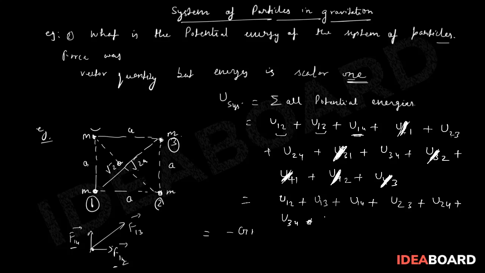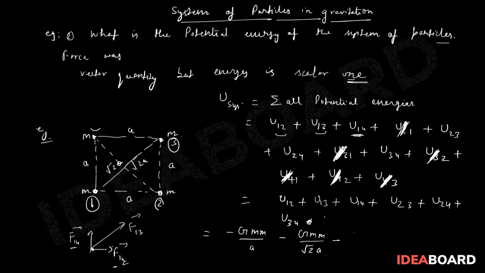And then obviously we can write U12. U12 is minus GMm upon a, not a squared, because in potential energy there will not be the term of a squared, only a, correct? Now talking about U13, the 13 distance is root 2a, so minus GMm upon root 2a.